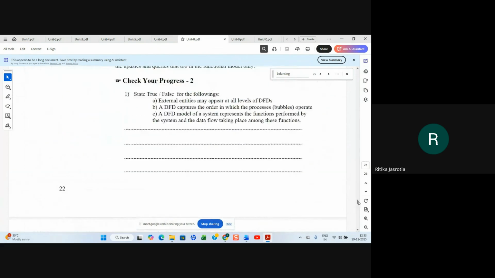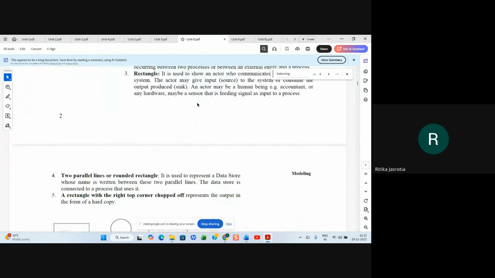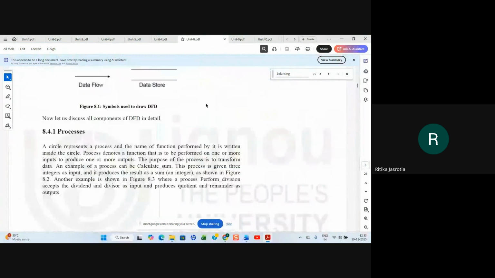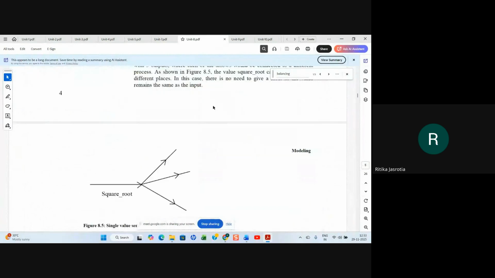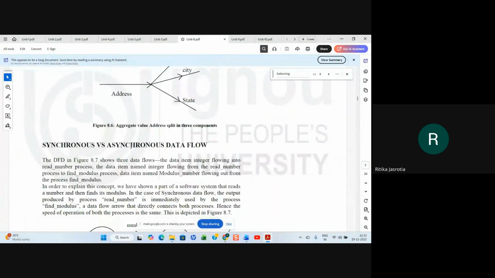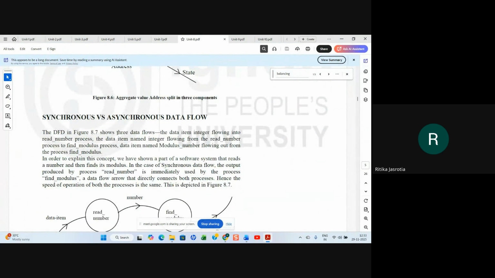We were talking about synchronous versus asynchronous data flow. Here they are showing three data flows: the data item integer flowing into the read number process, then the integer flowing from read number to the find modulus process, and the data item modulus.